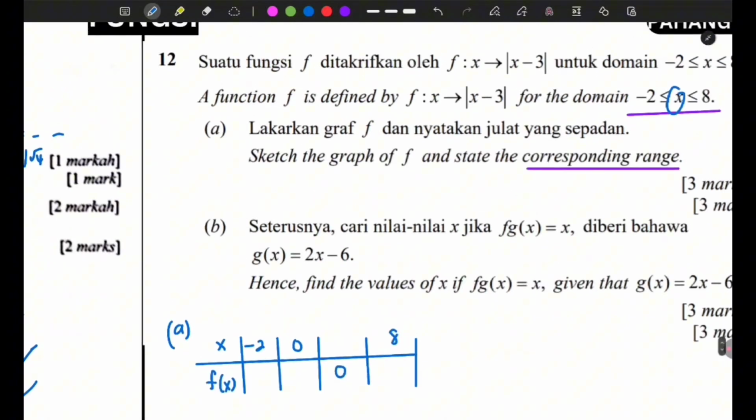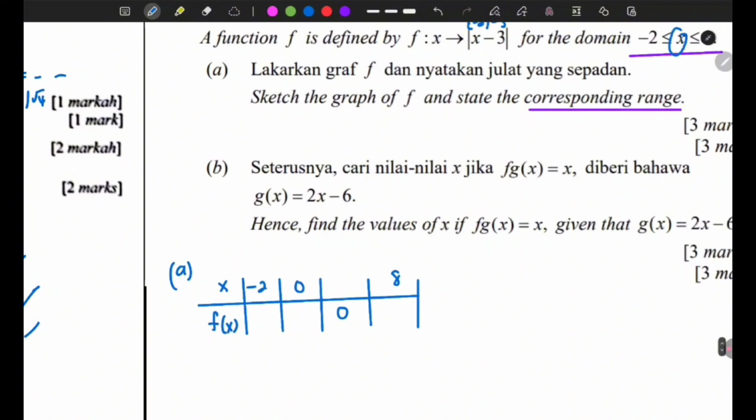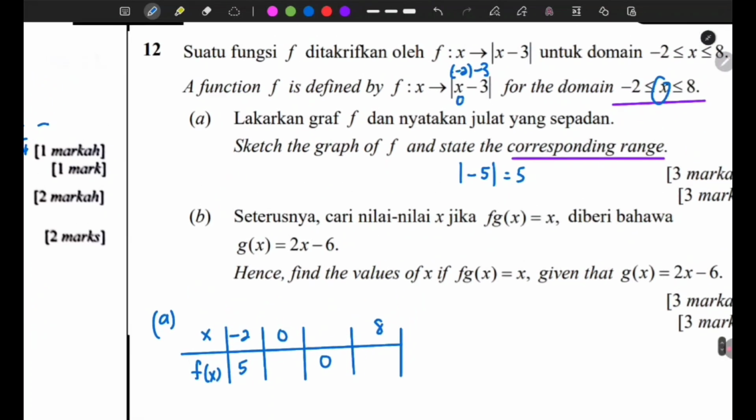So if your x is negative 2, minus 3, you will get negative 5. So negative 2 minus 3 is negative 5. Modulus negative 5 will be 5. Don't forget this modulus. So when your x is 0, 0 minus 3, negative 3. Modulus negative 3 is 3.